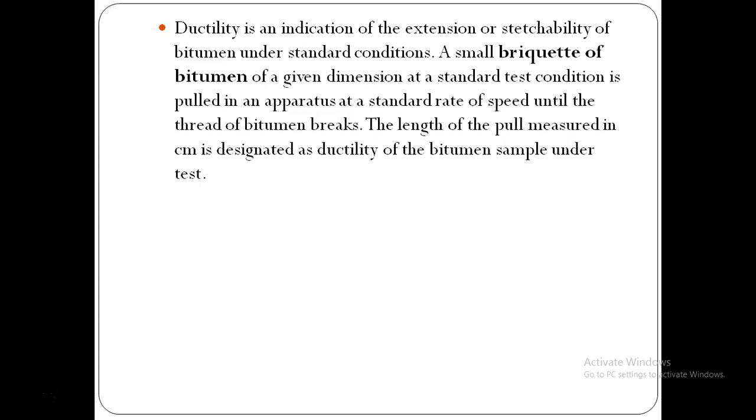In this case, a small briquette of bitumen of given dimension at standard test condition is pulled in a particular apparatus at a standard rate of speed until the thread of bitumen breaks, and the length of the pull measured in centimeters is designated as the ductility of the bitumen sample under the test. So this is regarding the briquette testing apparatus.